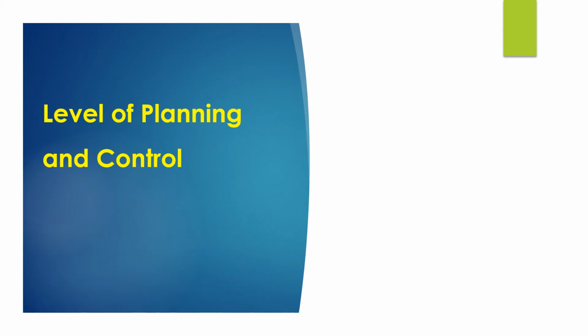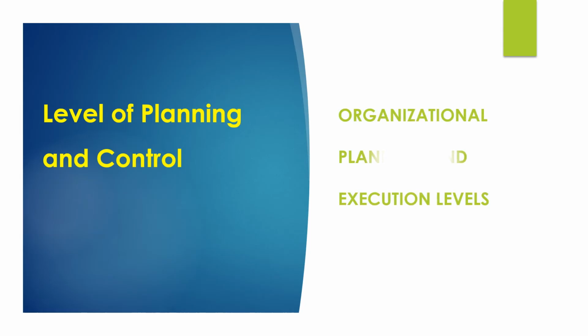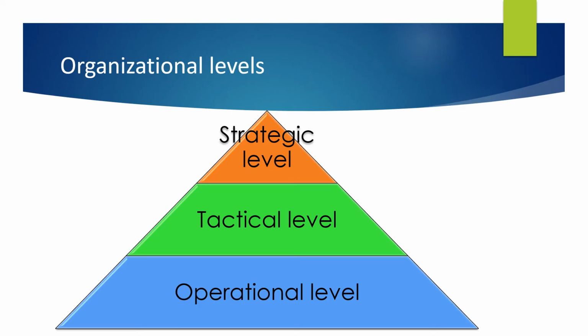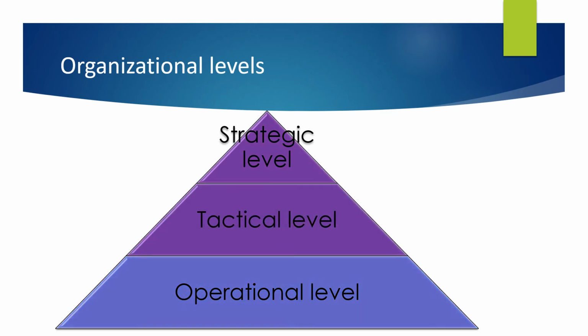Let's look at the levels of planning and control. Here we are focusing on the organizational planning and execution levels. You know there are three levels in an organization: the strategic level, the tactical level, as well as the operational level. These levels make different types of decisions.